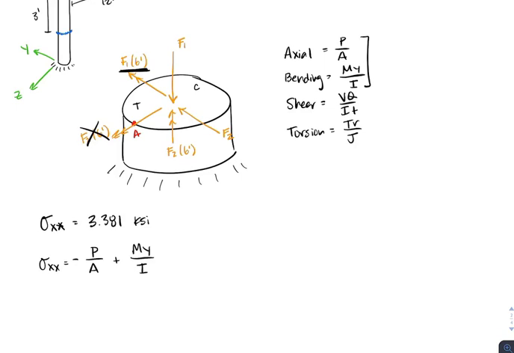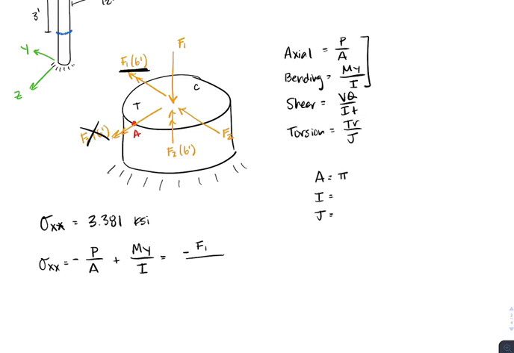So we're going to rewrite this, and we'll have a negative axial force, in this case F1, so minus F1 over our area. Before I solve this, we'll have to figure out our area, our I value, and also our J value later on for our stress. So we'll go ahead and do that right now.